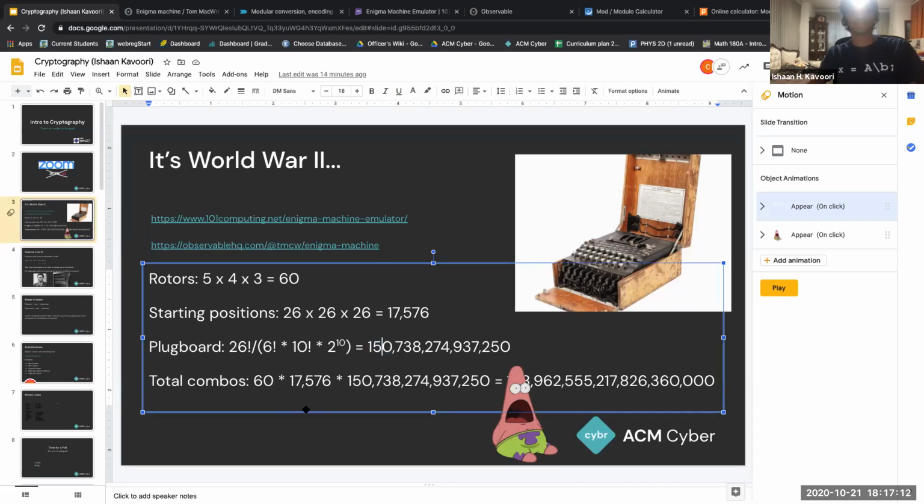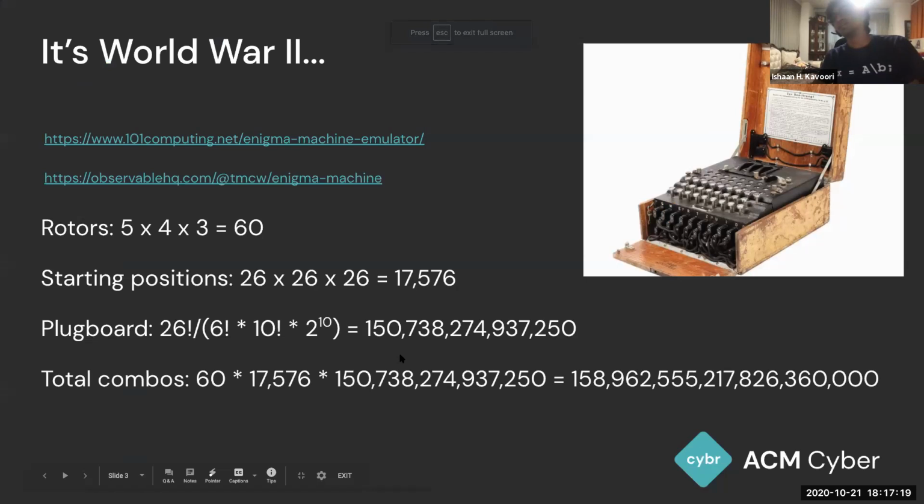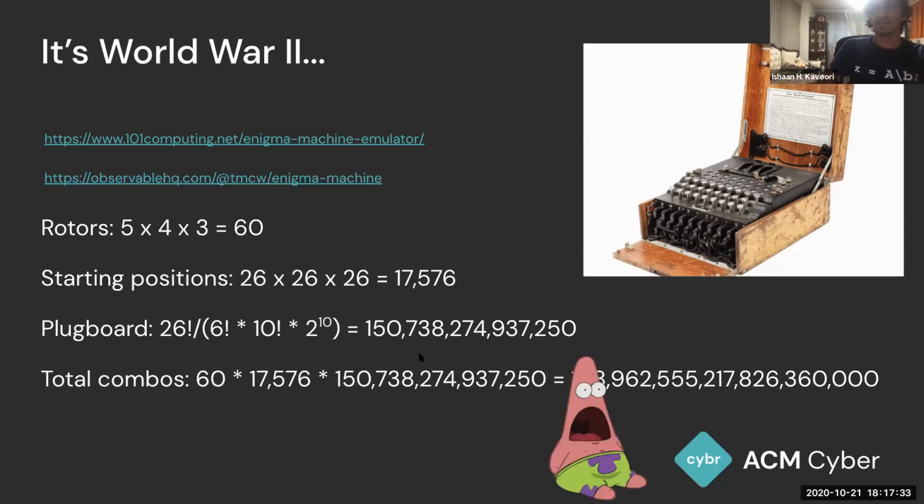But now you have to multiply all of that together and you get that big number. I'm not going to bother to read it. So that many possible combinations on the Enigma machine, that many different ways to encode a single piece of text. And at the time, the Germans thought this was unbreakable.